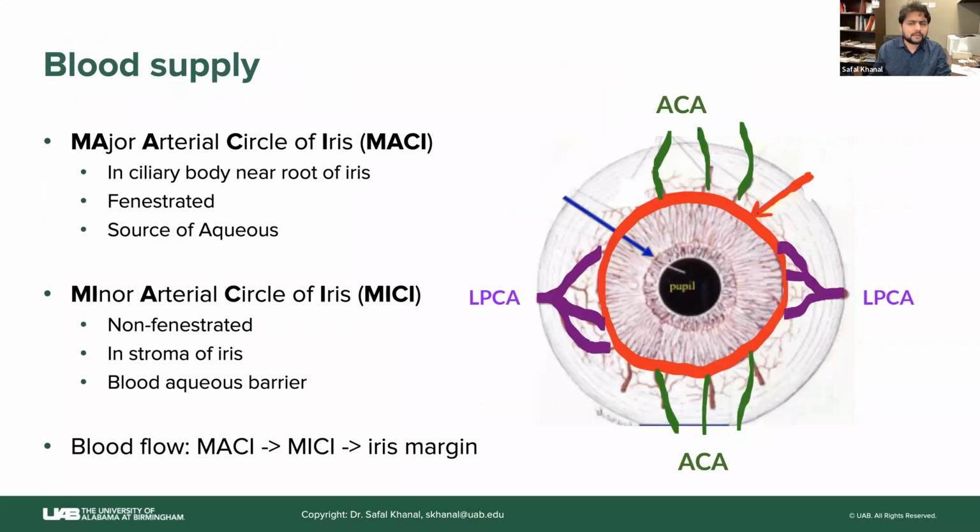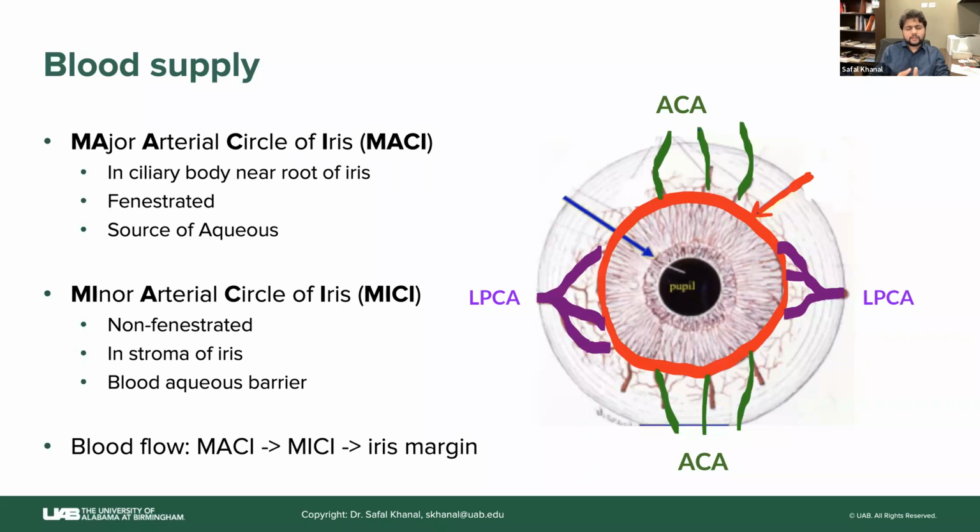How about blood supply? Well, you can remember the blood supply to the iris in terms of two major arterial circles. The first one is called the major arterial circle of the iris, MACI. It is in the ciliary body near the root of the iris. It has holes in it. It is fenestrated, so it is also the source of aqueous humor in the iris.